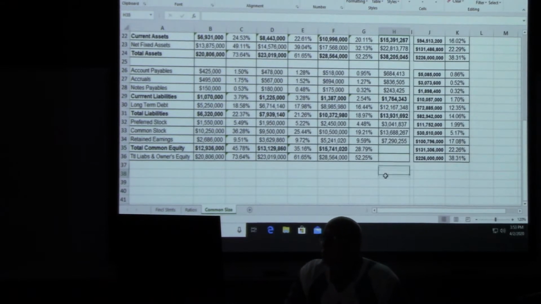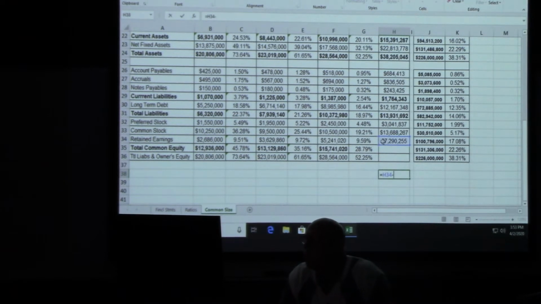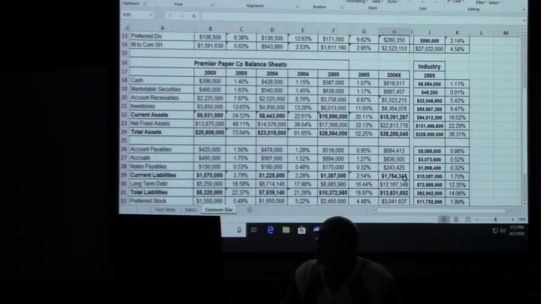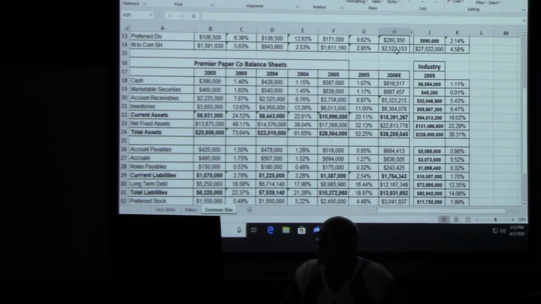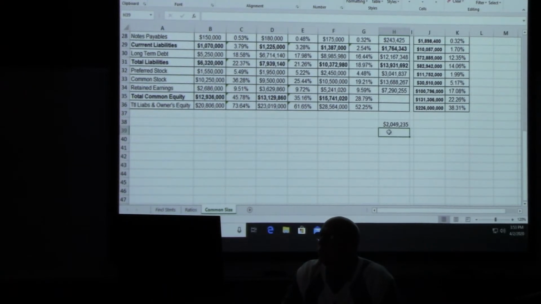And just for grins, let's see how that compares with our net income. So equals that minus that, 2.049. And so we're a little bit low by about $500,000.